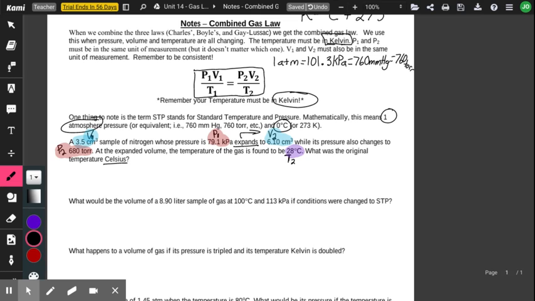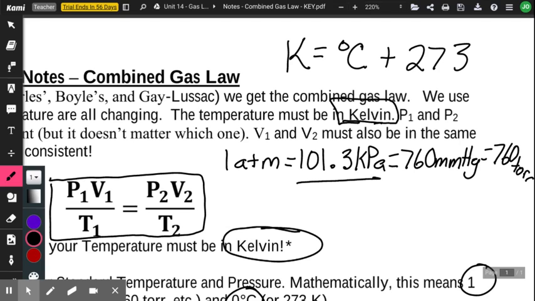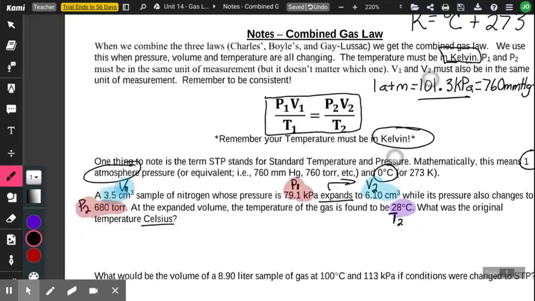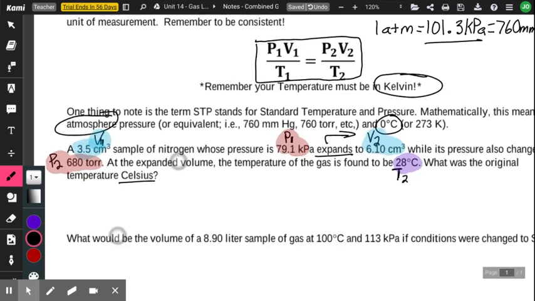I personally like to work with the smaller unit. If you look back up here, which of these is smaller? Well, kPa is smaller, so I like to work with that. So I'm going to convert the torr into kPa. Let's do that conversion.